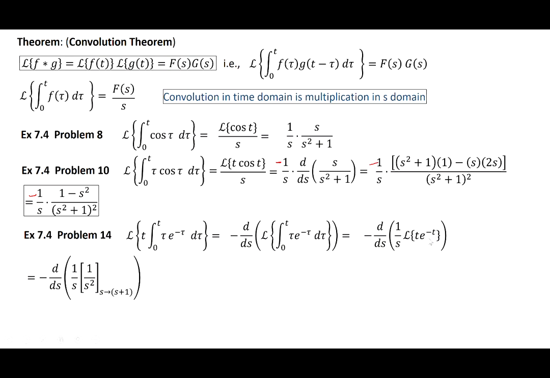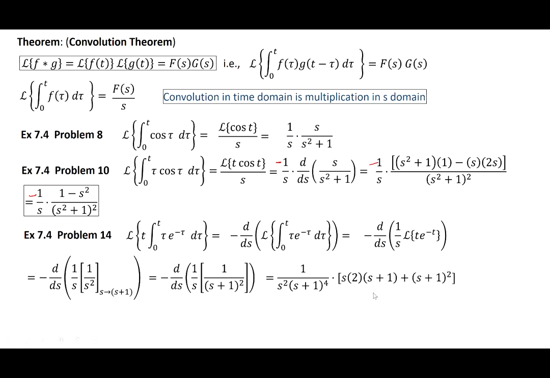That means we'd be applying a shift of s to s plus 1. All we need to do is take the Laplace of t, which is 1 over s squared, and apply the shift. Notice we apply the shift only to this 1 over s squared. That does not carry to this 1 over s. Please remember that. And so we have negative d ds of 1 over s times 1 over s plus 1 squared. The next thing we do is simply take the derivative, quotient rule, and simplify, and you get this.